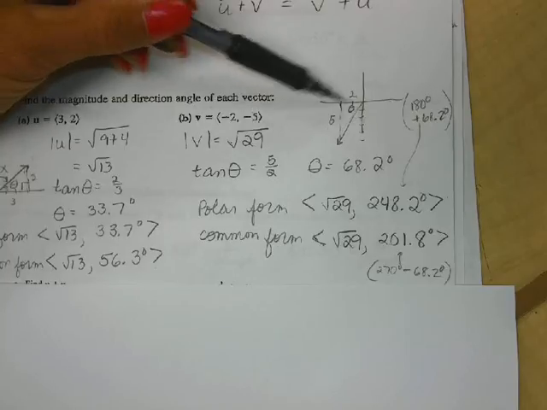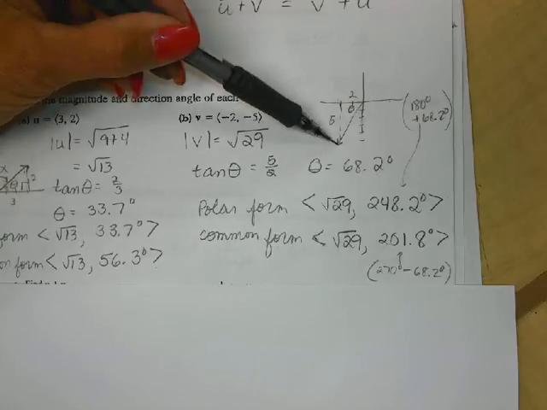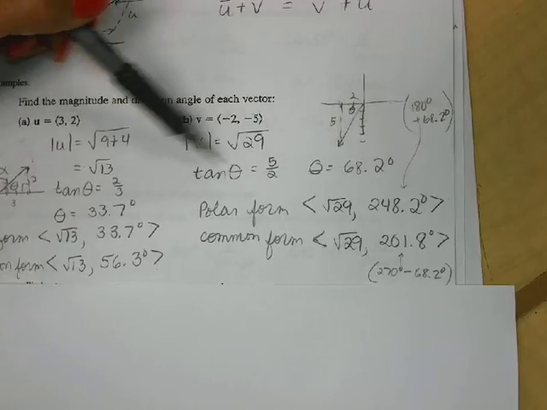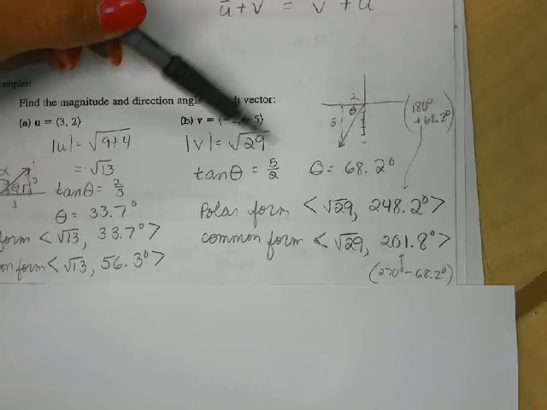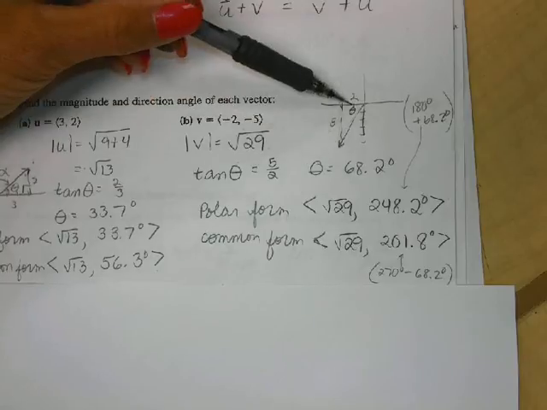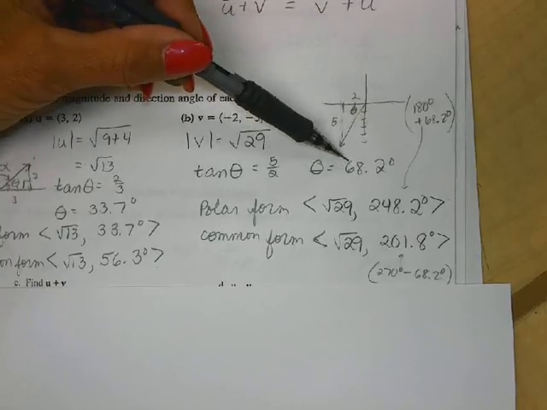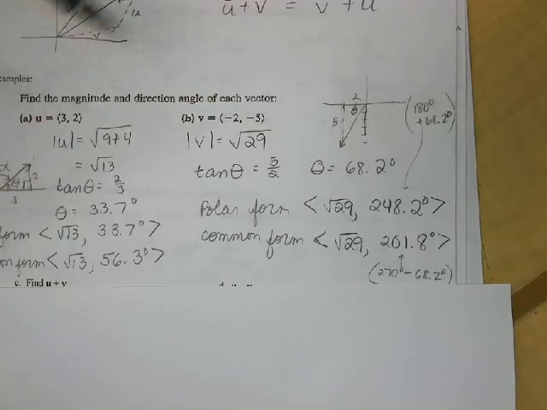So in my little reference triangle here, I know that the x component is 2, or the absolute value of it is 2, and the absolute value of the distance down is 5. Opposite over adjacent tells me that the tangent of the angle is 5/2. Inverse tanning, I get that this little acute angle it makes with the x-axis is 68.2 degrees.